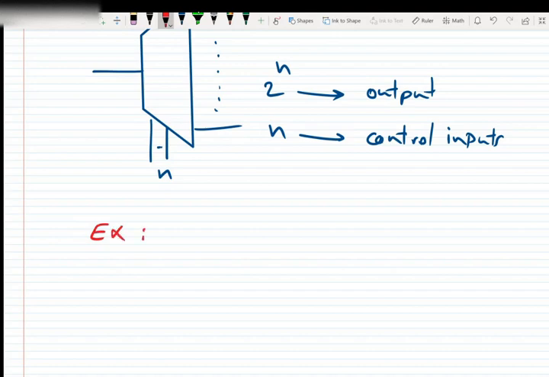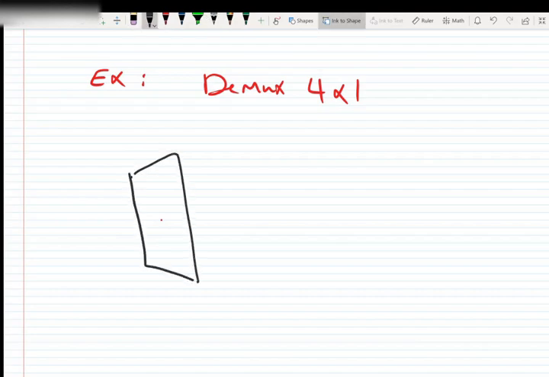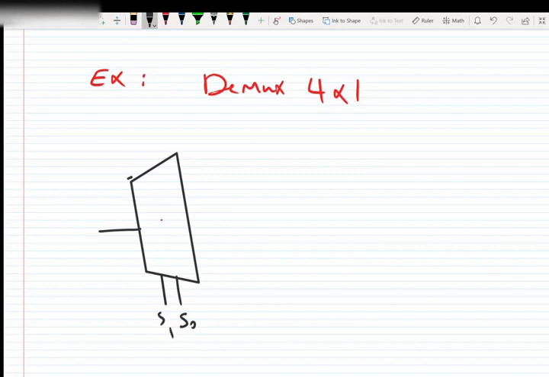Okay, so let's see one example for a demultiplexer, a 4 by 1 demultiplexer. If we want to show the 4 by 1 demultiplexer, it is in this form. It has one input, S0, S1 and 4 outputs.